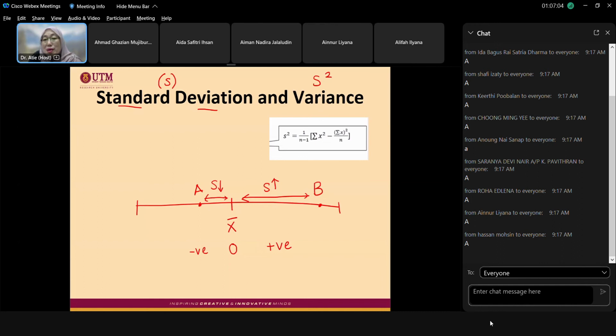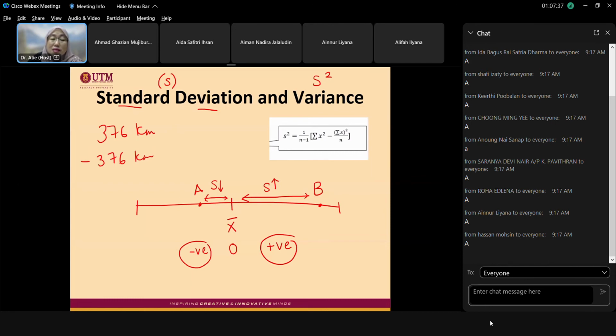So usually we say it as a positive number. For example, the distance from Kuala Lumpur to Johor Bahru is 376 kilometers. We never say the distance from Johor Bahru to Kuala Lumpur is negative 376 kilometers. No. Usually positive and negative we use only for direction. It's not for distance.